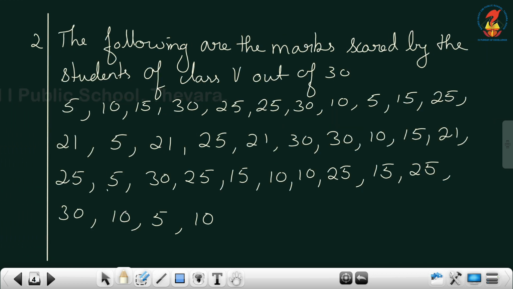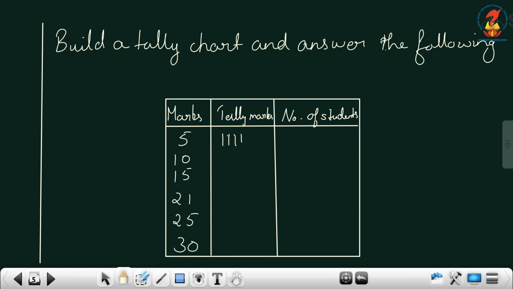Next, how many students got 10 marks? 1, 2, 3, 4, 5, 6, 7 students have got 10 marks. So, here 4, here 7.